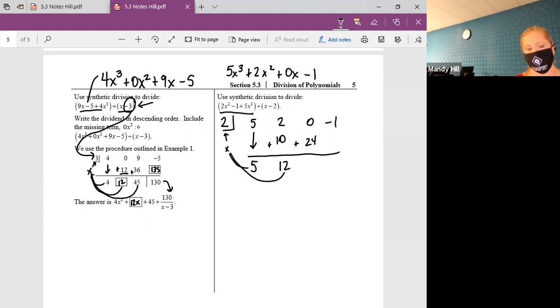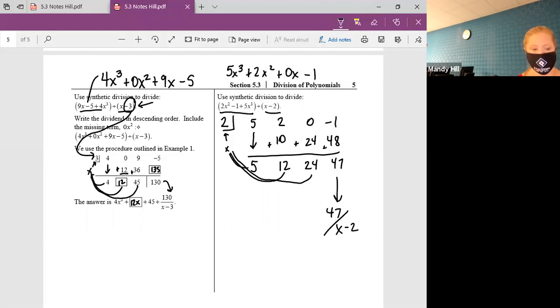Going to add these, 0 and 24, 24. 24 times 2, 48. Negative 1 and 48 is 47. The last number is your remainder, 47 over whatever you had to start out with, which is x minus 2.